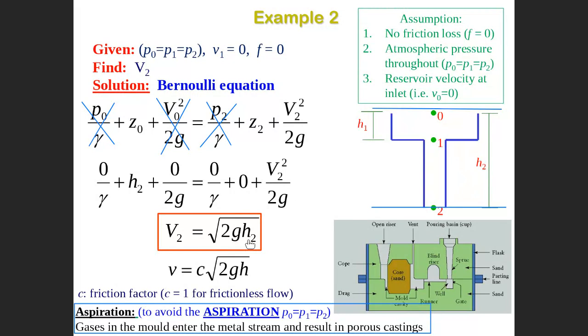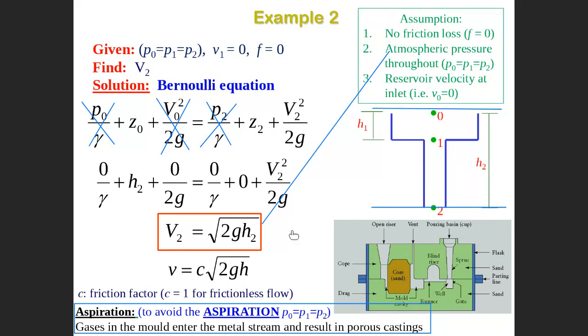Actually, this is a very, very important equation, because it satisfies the condition of atmospheric pressure throughout. When we apply atmospheric pressure throughout, P0 equal to P1 equal to P2, we obtain that the speed at this point equals the square root of 2gH2.